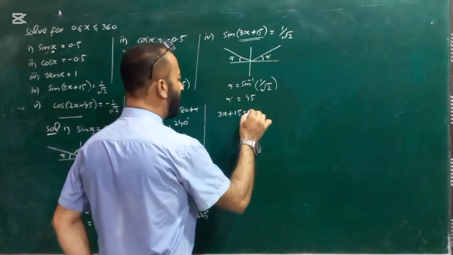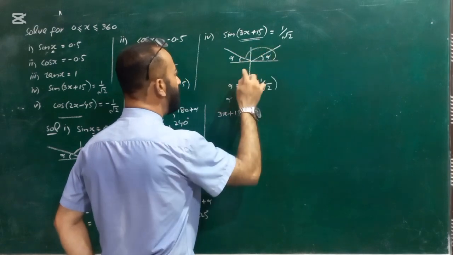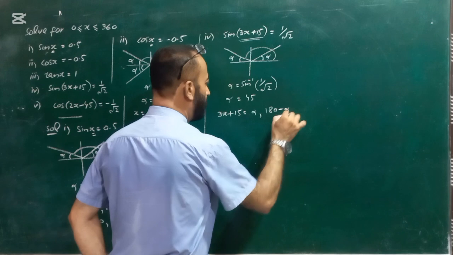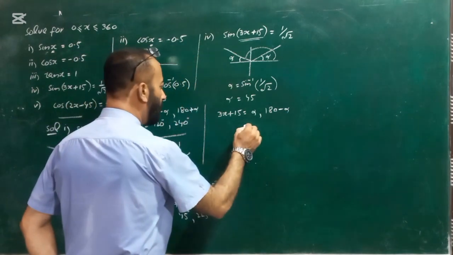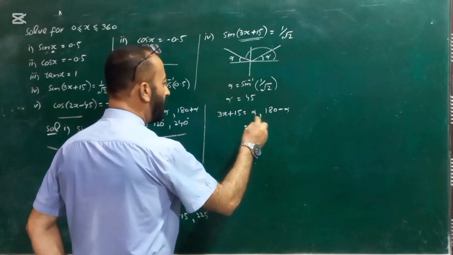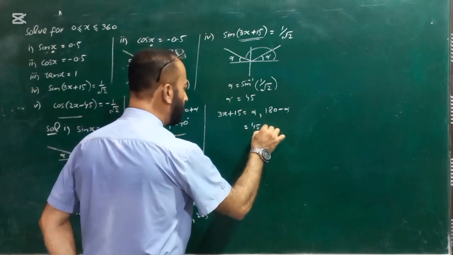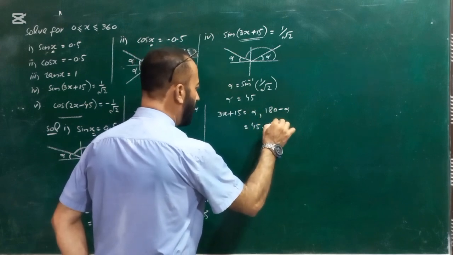So the first angle is alpha, and the second angle up to this will be equal to 180 minus alpha. So these are the technical points, students. Understand it. Now put the values into this. Alpha is equal to 45, and 180 minus 45 will be 135.